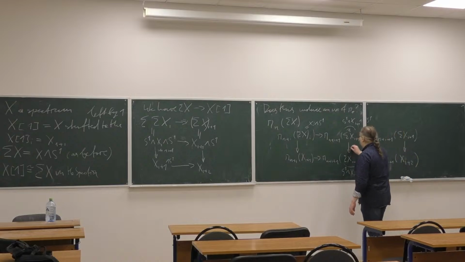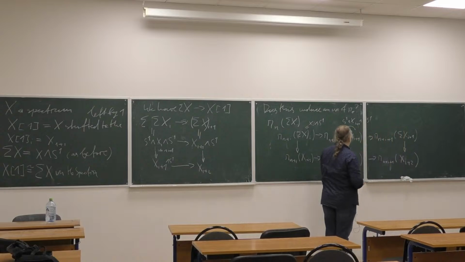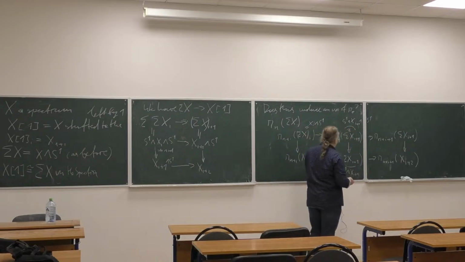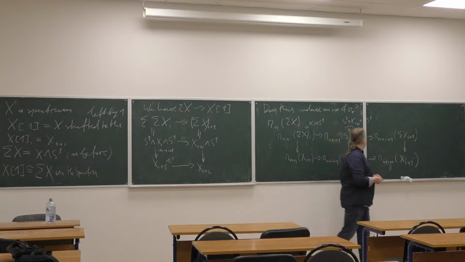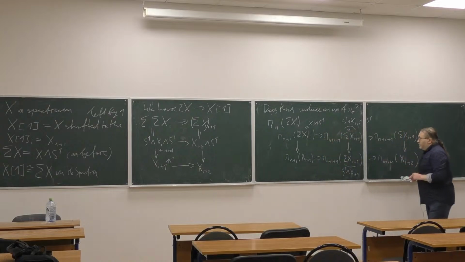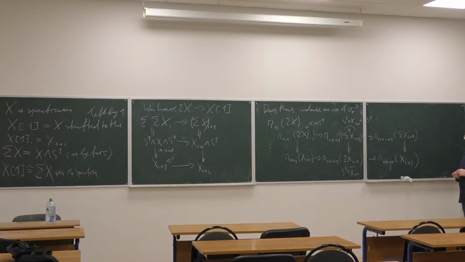Well, let me draw another arrow, which is basically again given by the structure map, but so I take the structure map on these two factors and the identity map of S1. Okay, so here my claim is that everything commutes.